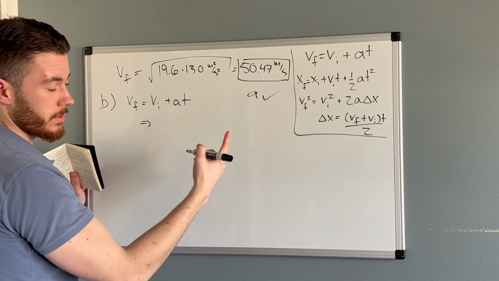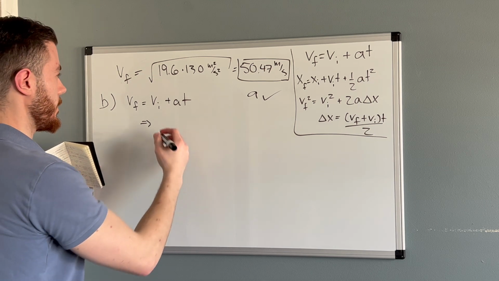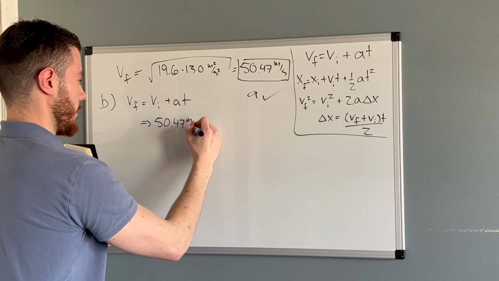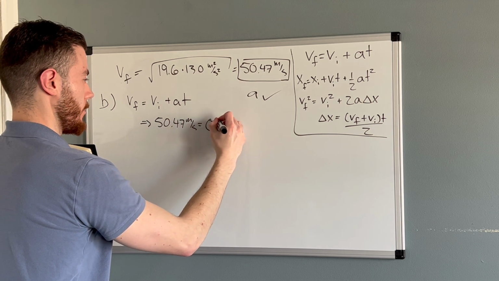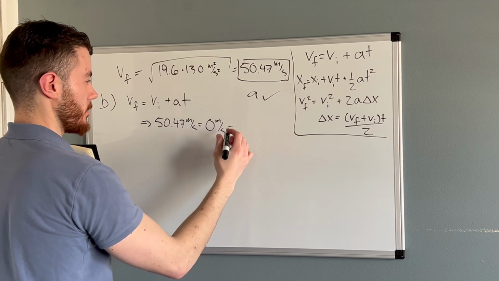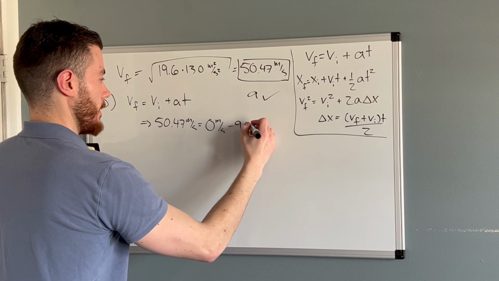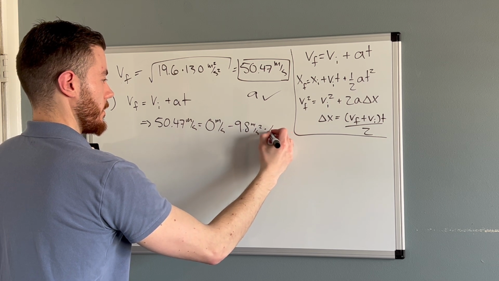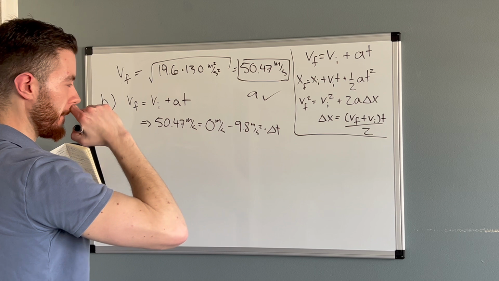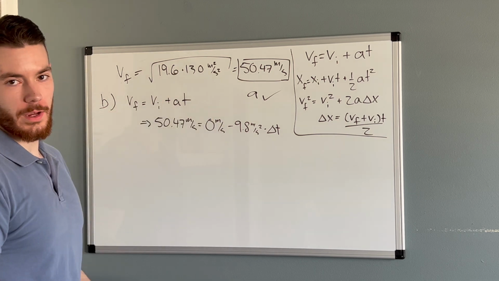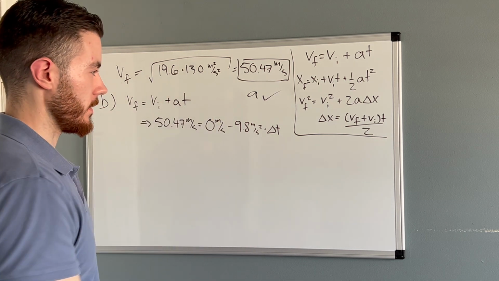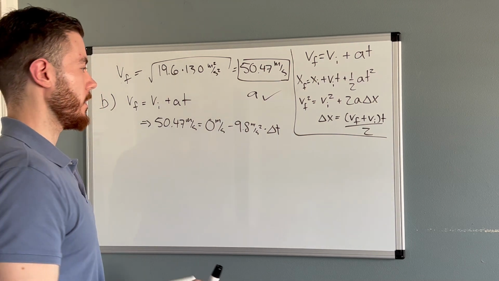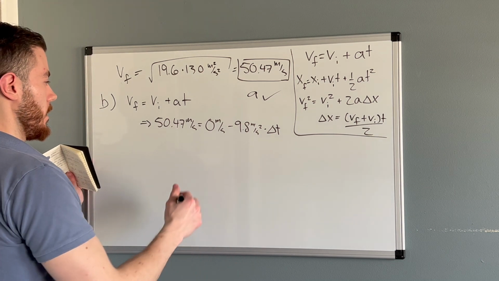Okay, so we needed the result from part A in order to solve part B. 50.47 meters per second is equal to 0 meters per second plus, actually minus 9.8 meters per second squared times our delta t that we want. t is equal to delta t if the initial time is 0. I'm just calling it delta t because it's an elapsed amount of time, not an instant in time.